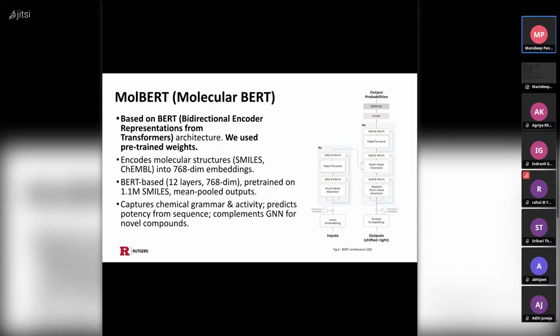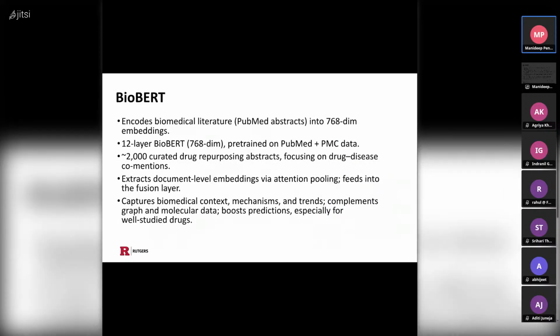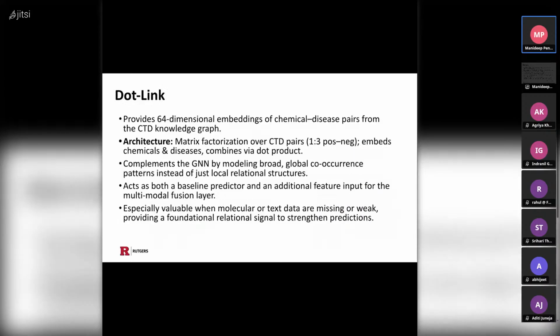I'm sure so far a picture is being painted. For the same chemical, for the same association, we are getting different perspectives. We got them from the chemical structure, from chemical-disease associations, and also from the scientific literature.